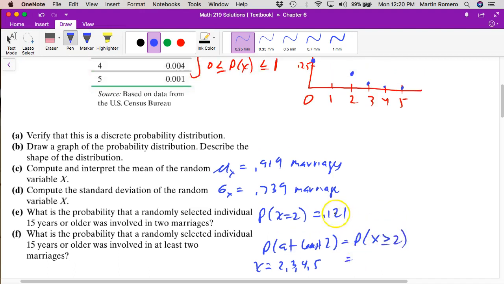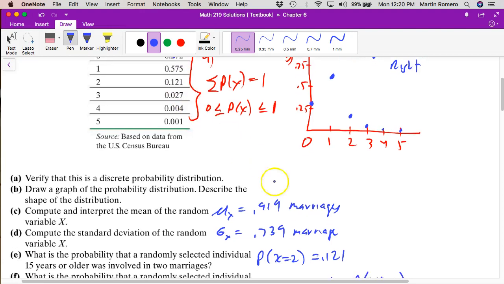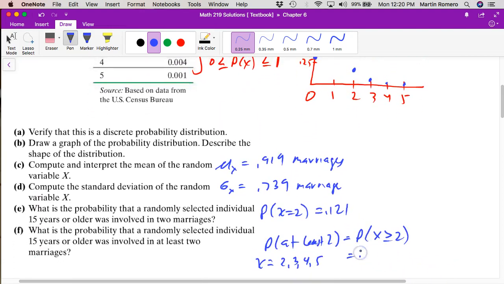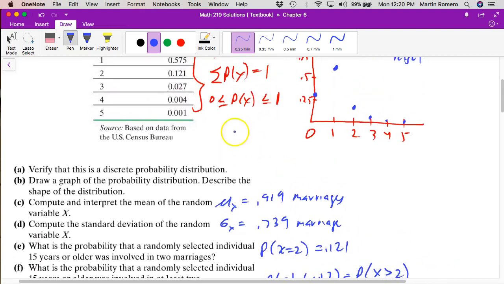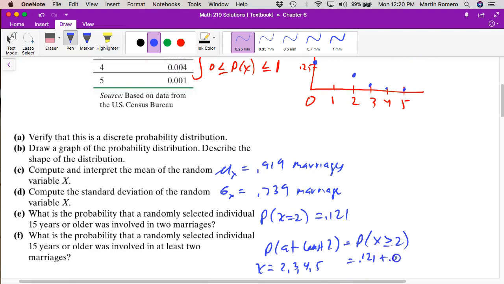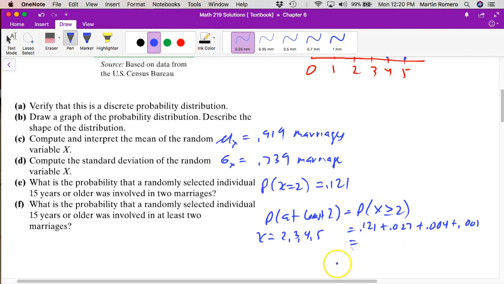To answer that, we just add these up: 0.121 plus 0.027 plus 0.004 plus 0.001. 121 plus 27 is 148, plus 4 is 152, plus 1 is 153.